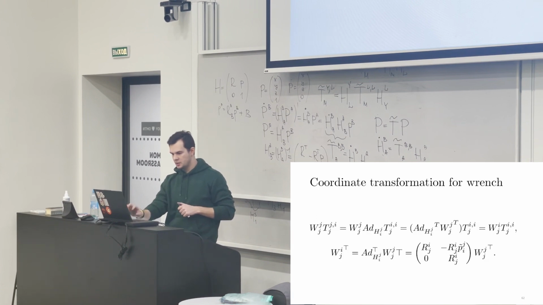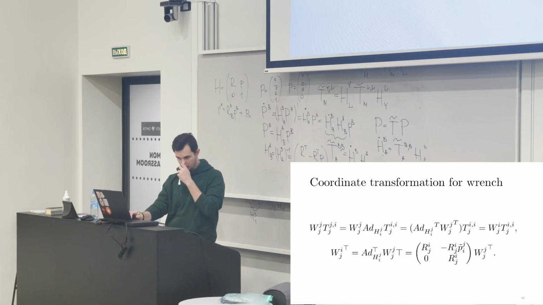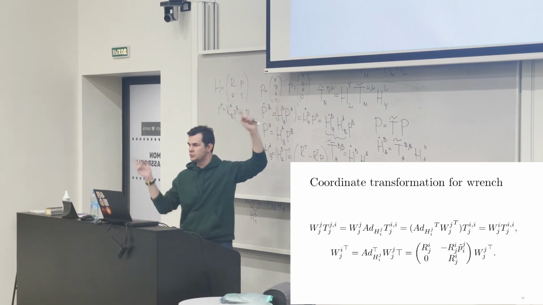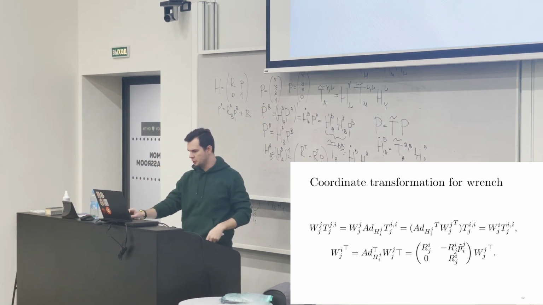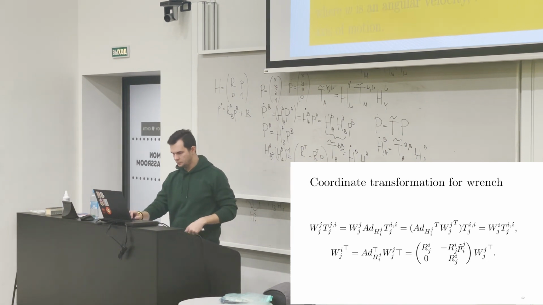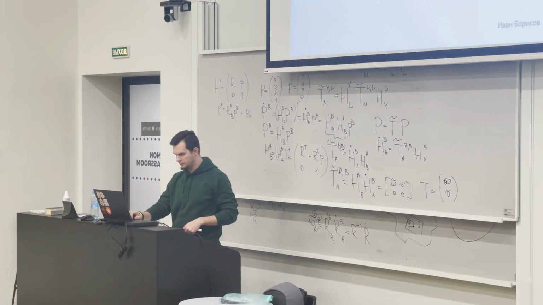So here there are several equations. How can we tackle the wrenches? We can also go from one frame into another frame by using the adjoint, but the transpose adjoint. And so let me skip that.